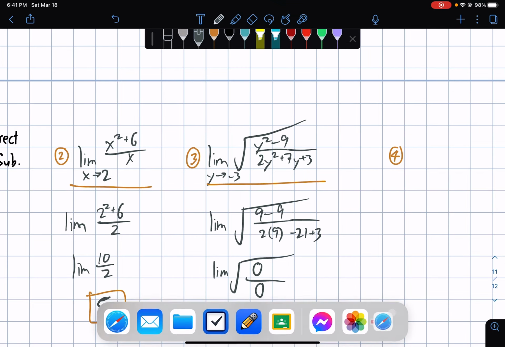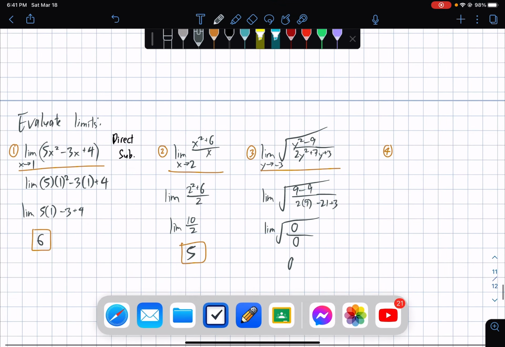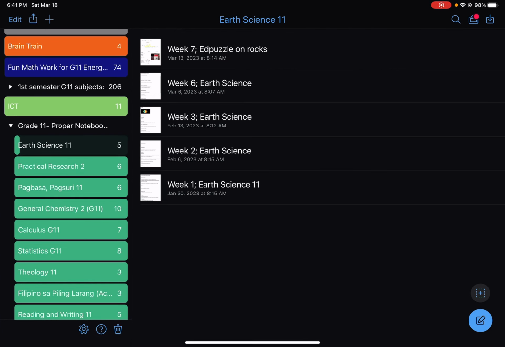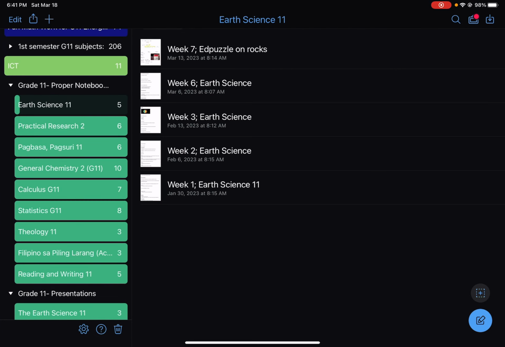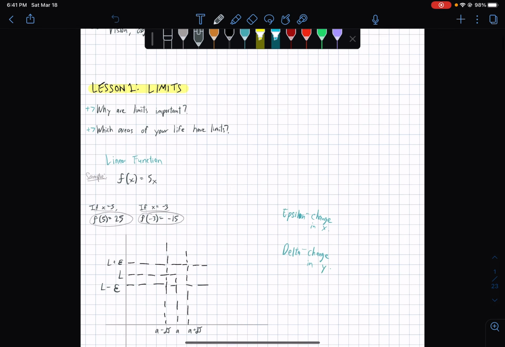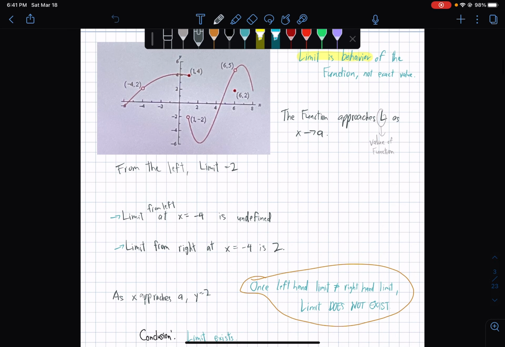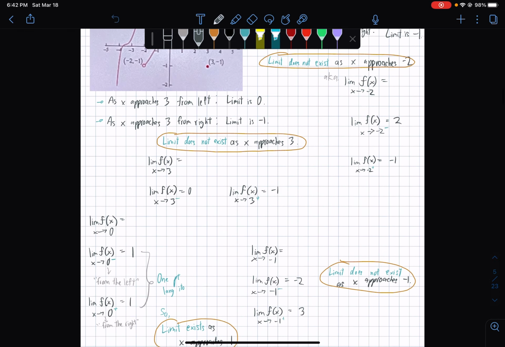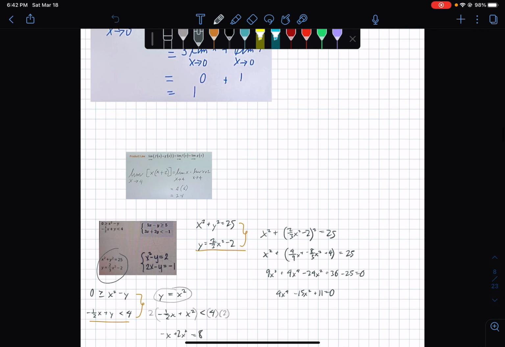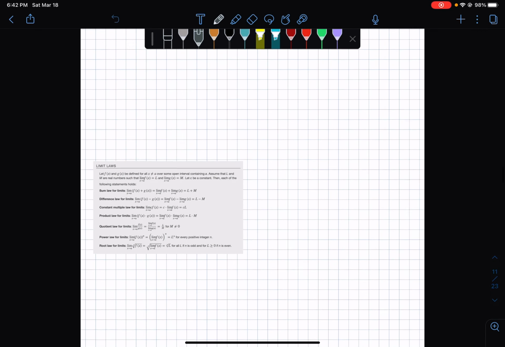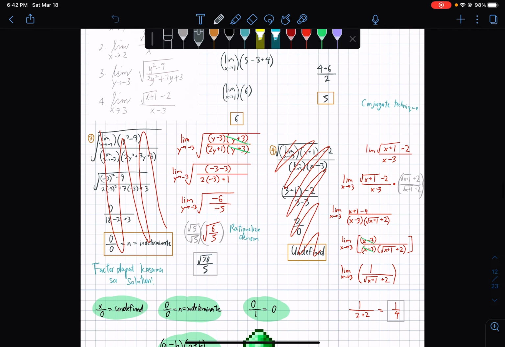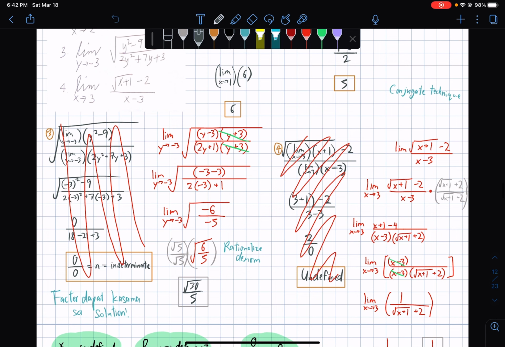Okay, apparently Photomath has a different answer. Let's check. Alright, it's square root of 30 over 5.